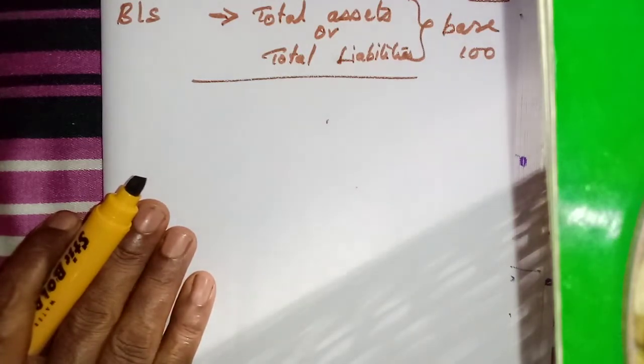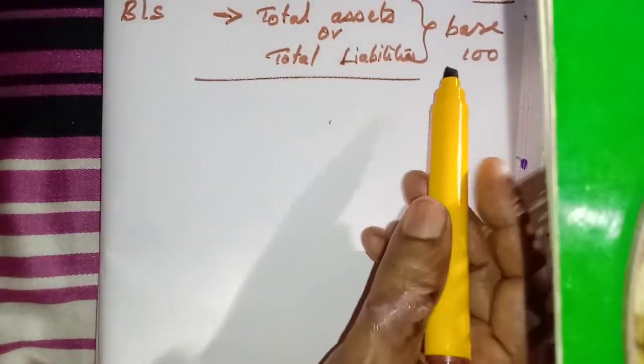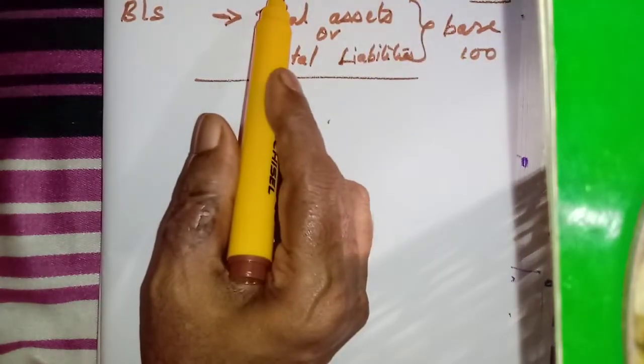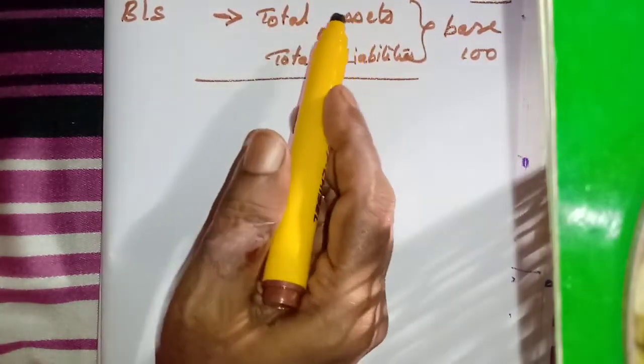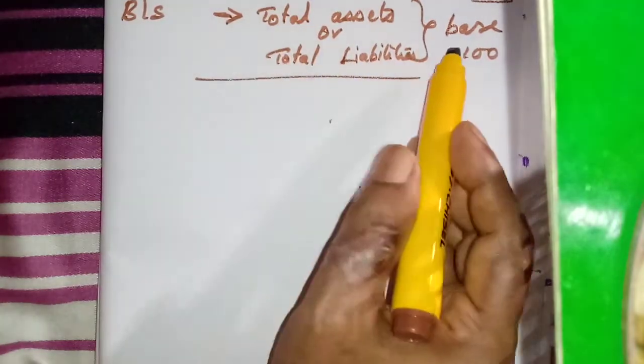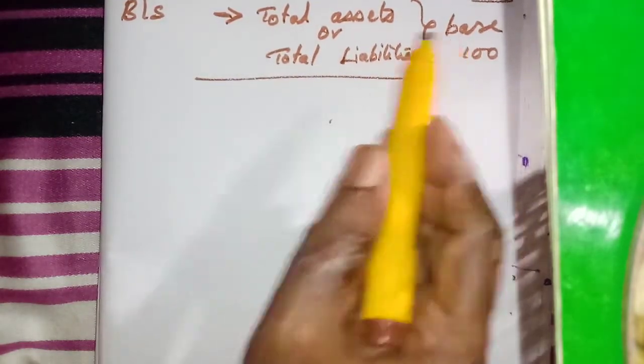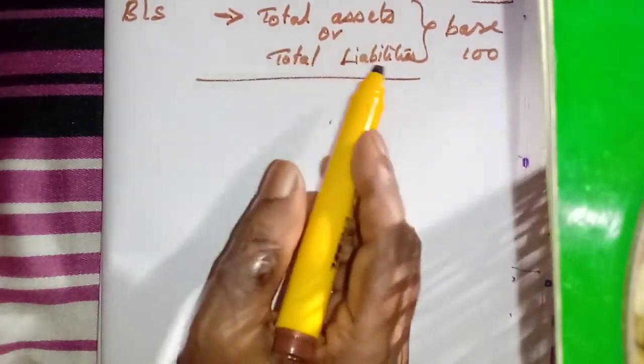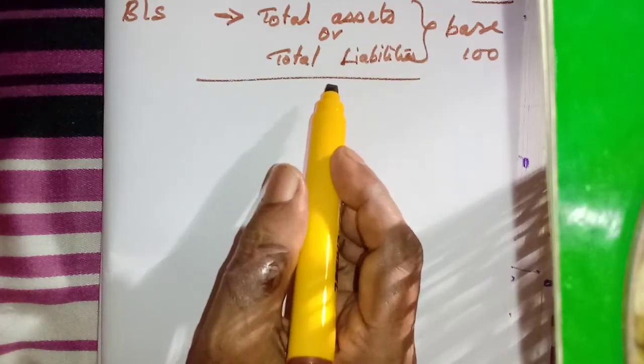Amounts also can be compared. Not comparative, this is the common size statement, the heading. Here we have to calculate the percentage for revenue from operation. If it is the balance sheet, we have to calculate the percentage for the total assets and total liabilities.